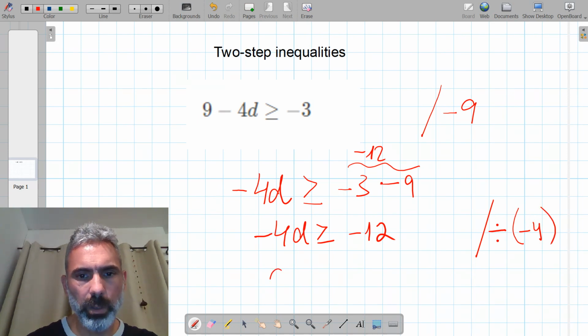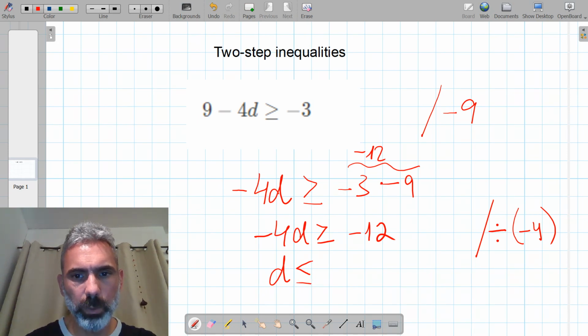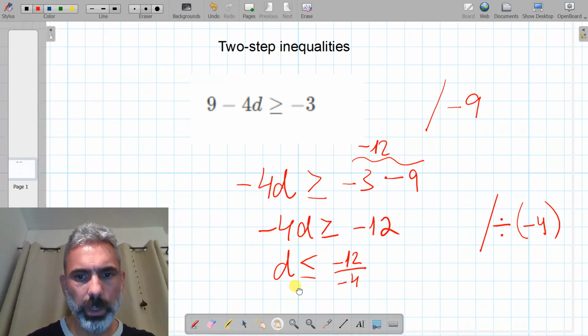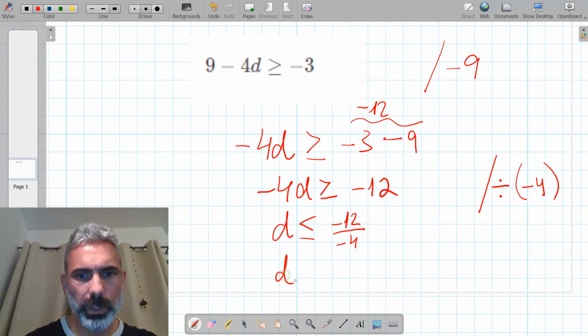So I'm left with d on the left hand side of the inequality, but since I'm dividing by a negative number, I'm flipping the inequality sign, and now d is less than or equal to minus 12 divided by minus 4, which is 3. So d needs to be less than or equal to 3.